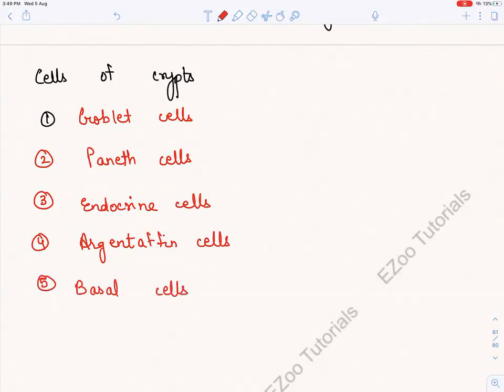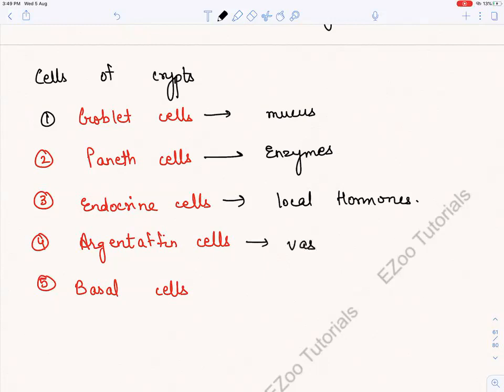So now let us see what all these cells are doing. Goblet cells are secreting mucus. Paneth cells are secreting enzymes. Endocrine cells are secreting some local hormones. And these argentaffin cells are secreting a vasoconstrictor.